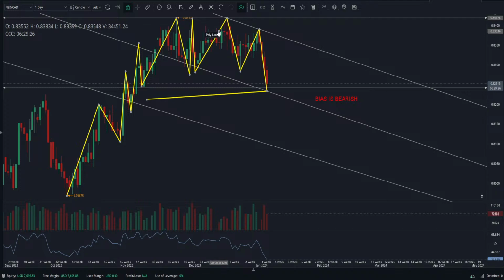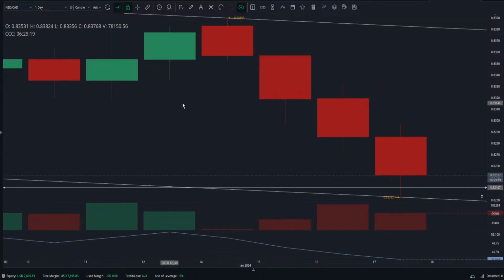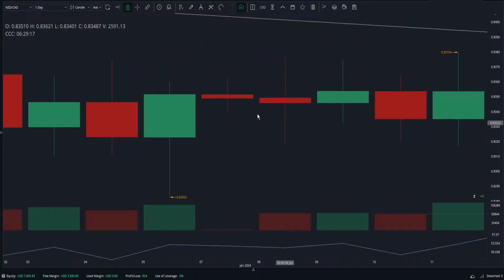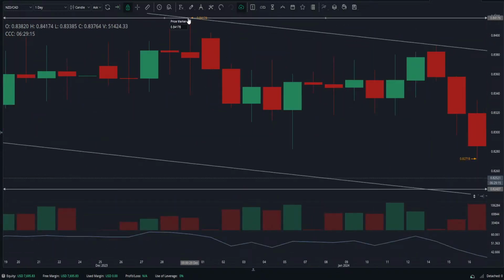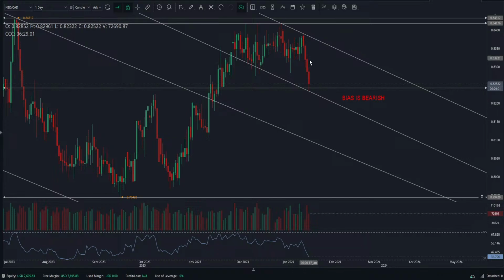This high was not taken out. This high was 0.84176, and this high of this candle was 0.84174. Just by 2 pips, this was not done. Now, after some consolidation here and there, finally this recent low has been taken out.